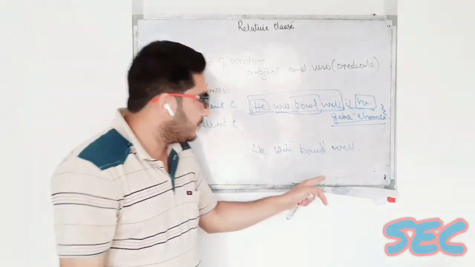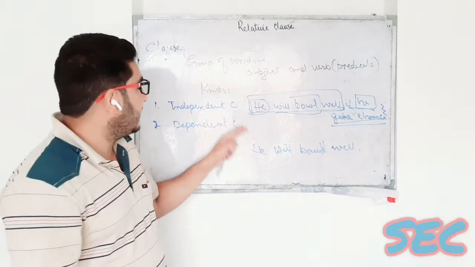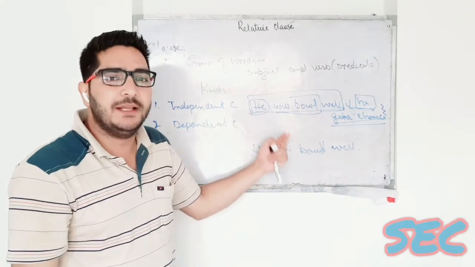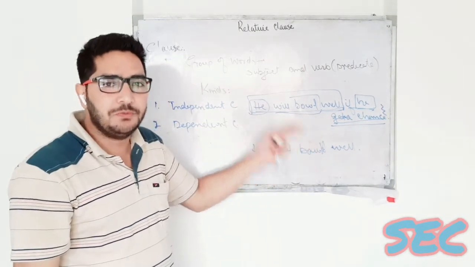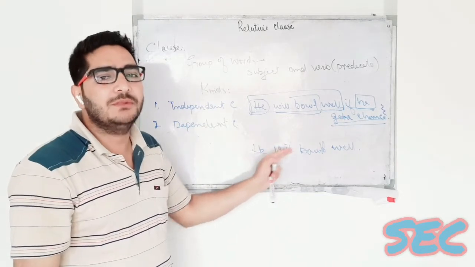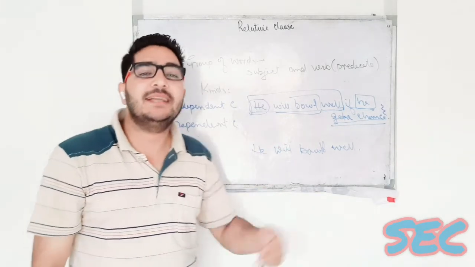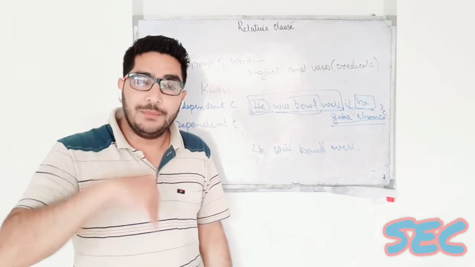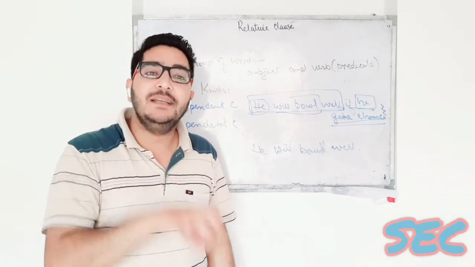But as far as an independent clause is concerned, it also forms a part of a sentence, but if we separate it from the main sentence, it can make a sentence of its own, because it is known as independent.